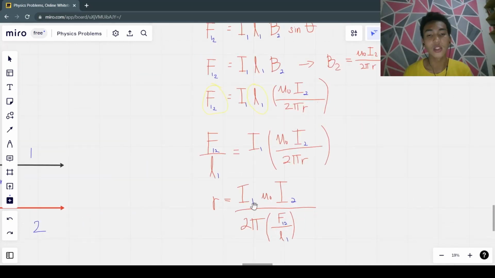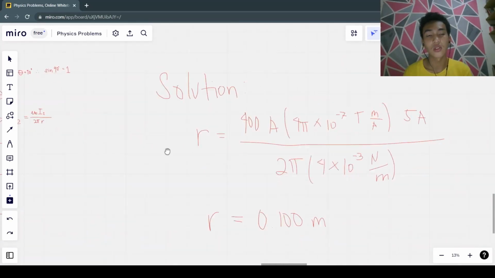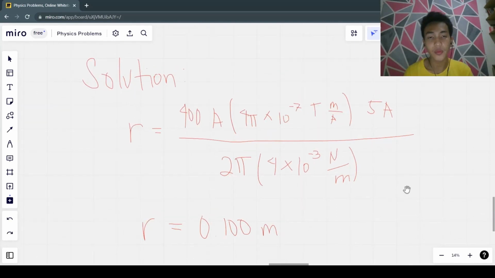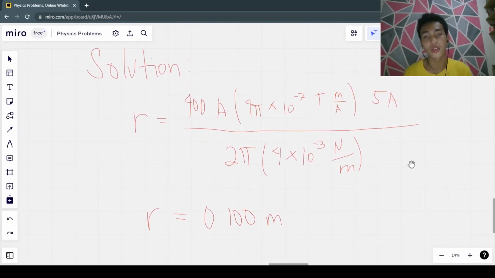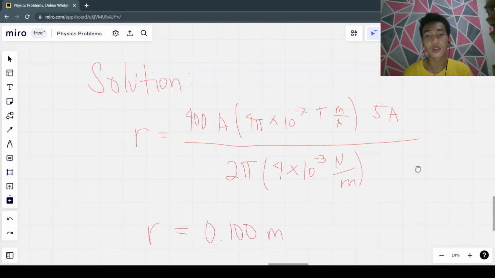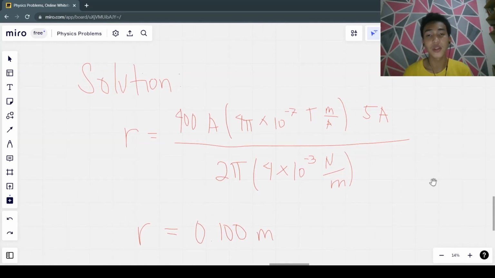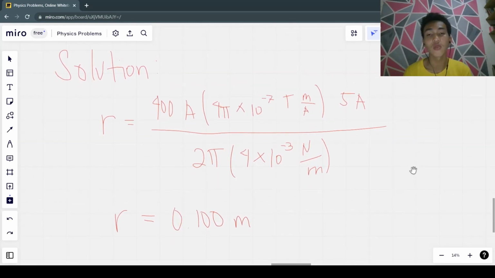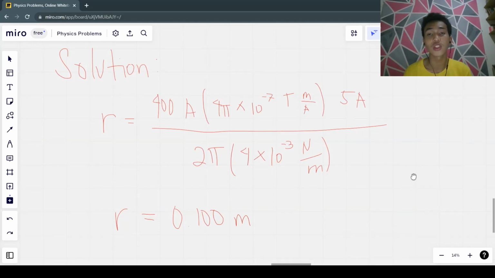So now that we have this equation, the solution for this problem is we're just going to simply put all the values in the equation. So we have r or the distance is equal to 400 amperes times 4 pi times 10 raised to negative 7 tesla meters per ampere times 5 amperes all over 2 pi times 4 times 10 raised to negative 3 newtons per meter.